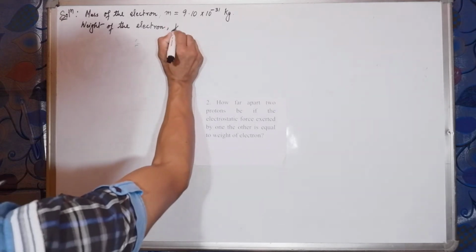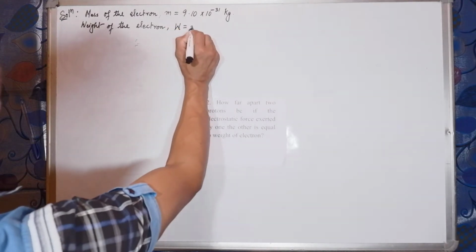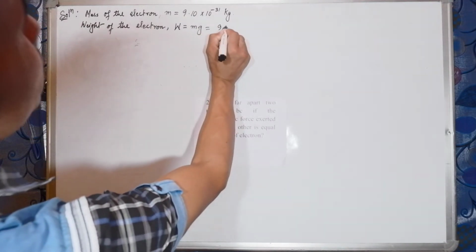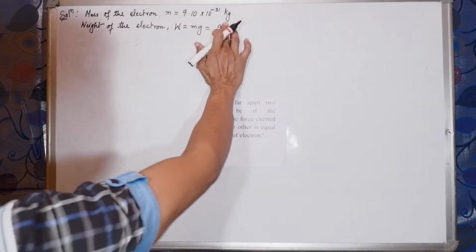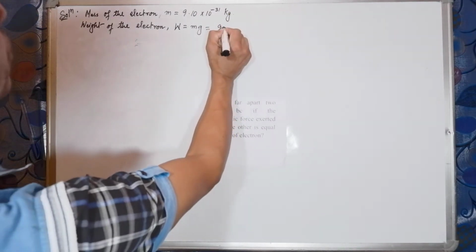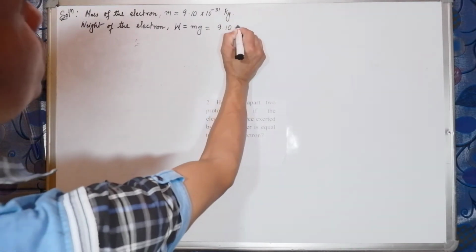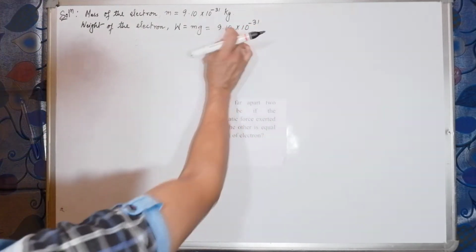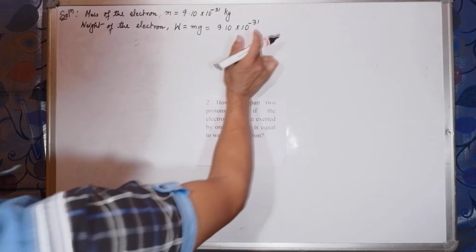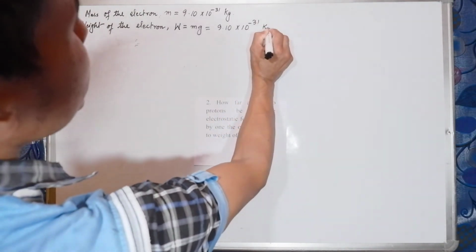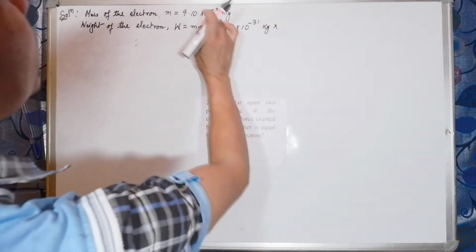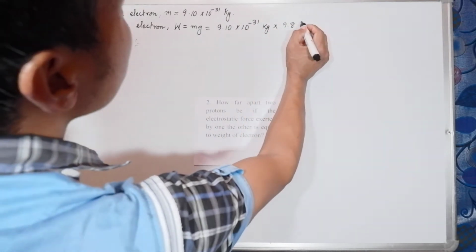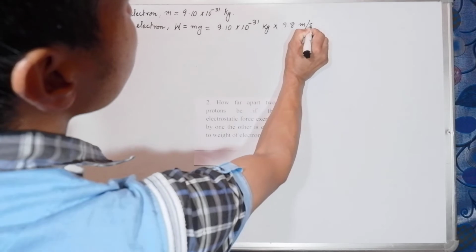will be, let us write it as W, equal to mg, which is equal to 9.10 into 10 to the power minus 31. This is the mass, in kg, into the value of g, that is 9.8 meter per second square.